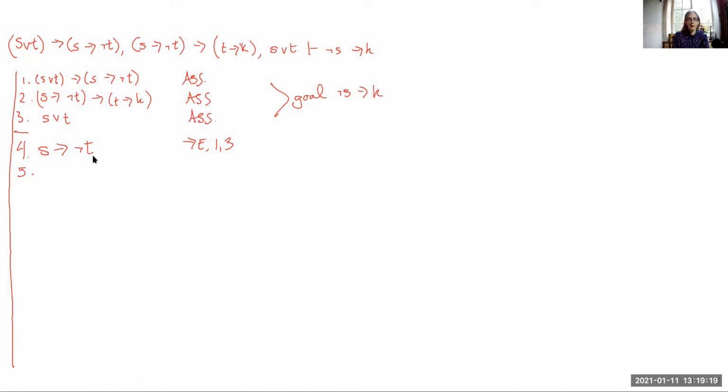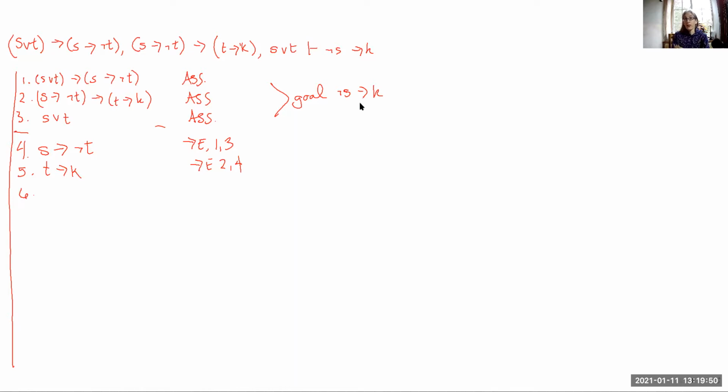So if S implies not T, which we have on line 4, and S implies not T implies K, again, through conditional elimination, we can get that T implies K. So this is going to be lines 2 and 4. And already things are looking pretty good here. And turns out I didn't actually even need to do the syllogistic rule because since I had the antecedent, I could just do 2 applications of conditional elimination to get to our end.